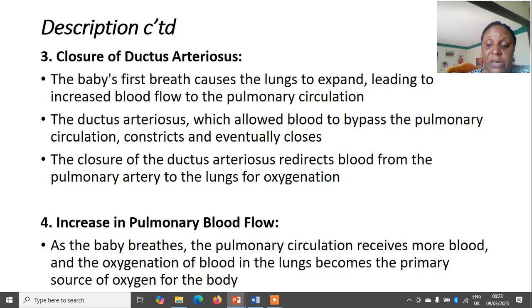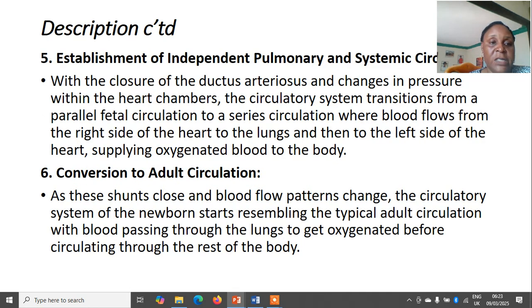The pulmonary circulation receives more blood, and oxygenation of blood in the lungs becomes the primary source of oxygen to the body. With the closure of the ductus arteriosus and changes in the pressure of the heart chambers, the circulatory system transitions from the parallel fetal circulation to a series circulation where blood flows from the right side of the heart to the lungs and then to the left side of the heart, supplying oxygenated blood to the body.